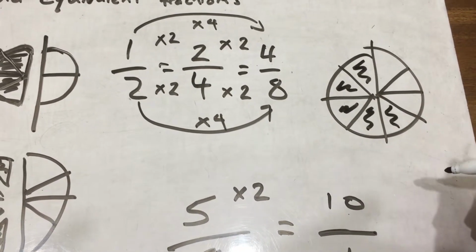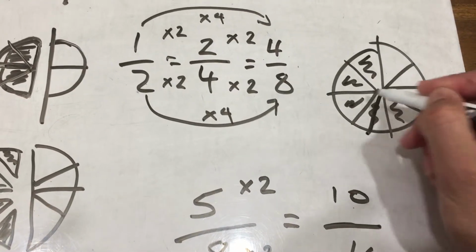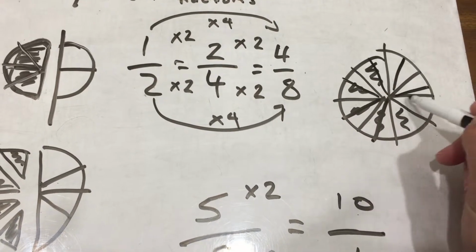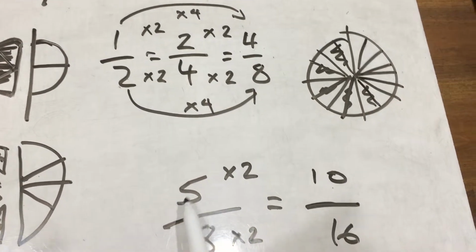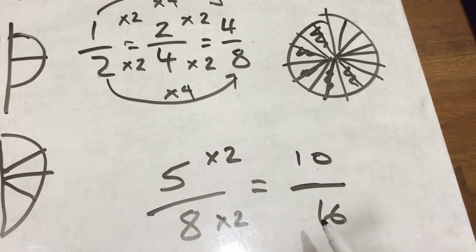But then I said I wanted to go to 16, so I wanted to make it bigger, so I cut each of those in half again, and by doing that I've basically doubled what I did there. That's what the 2 times 2 means.